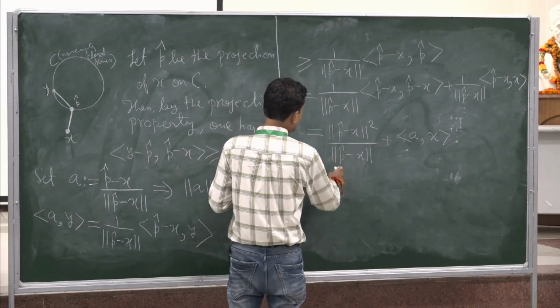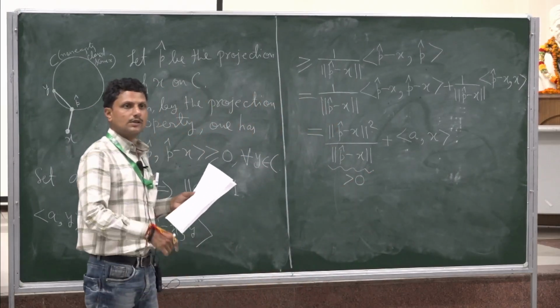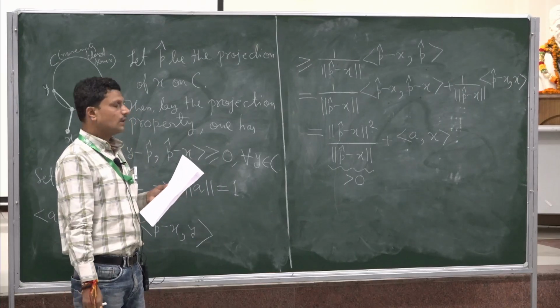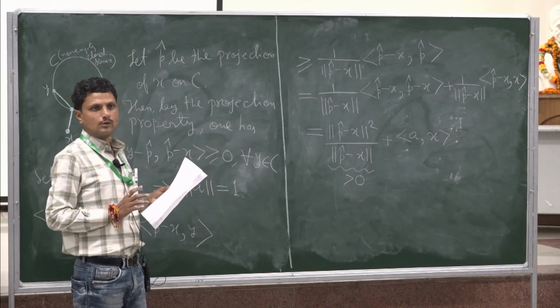So this number is actually greater than 0 because x is outside the set, and this p hat is the projection of x over the set.